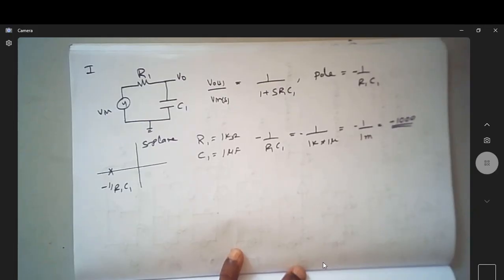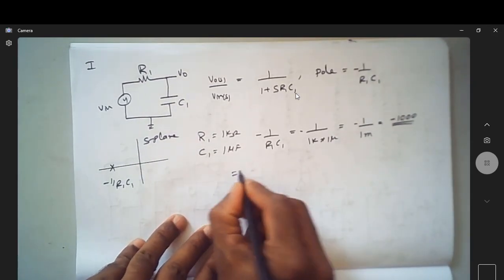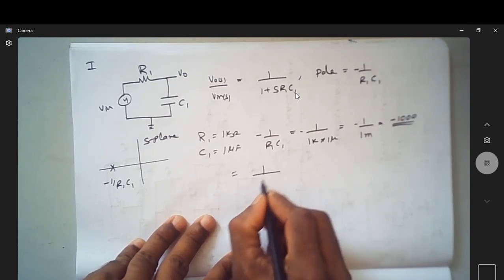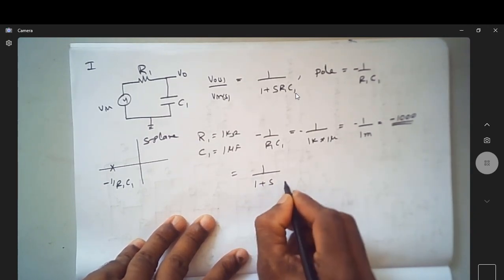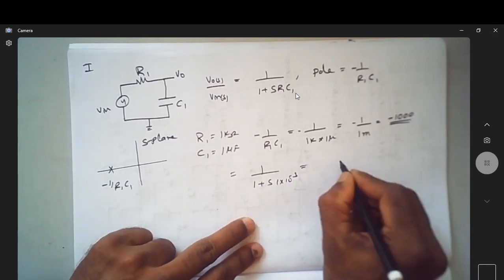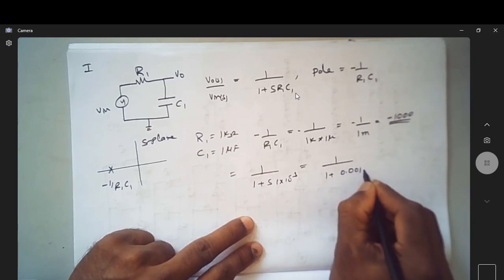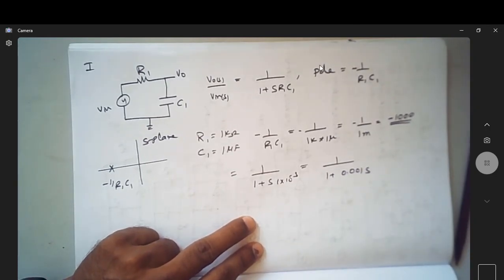Substituting the value of R1 C1 as 1 kilo and 1 micro, this comes out to be 1 plus S into 1 into 10 power minus 3, which is nothing but 1 over 1 plus 0.001 s.